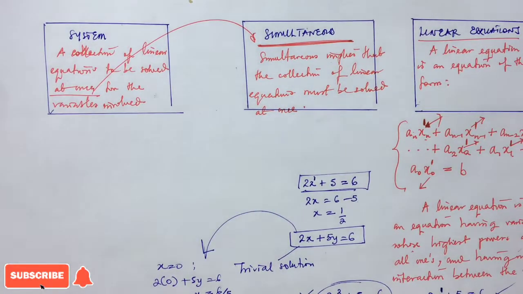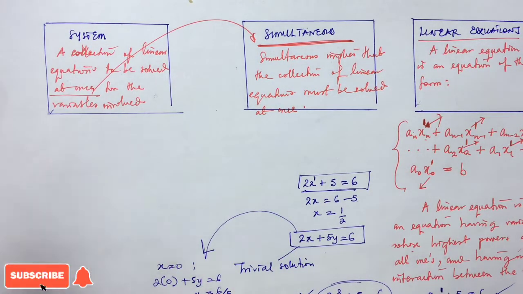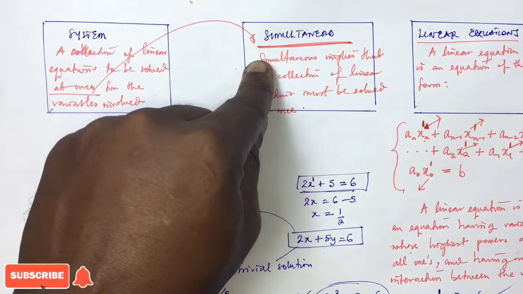Okay? So collection means a group, or the system means a collection of linear equations to be solved at once. And at once means simultaneous.